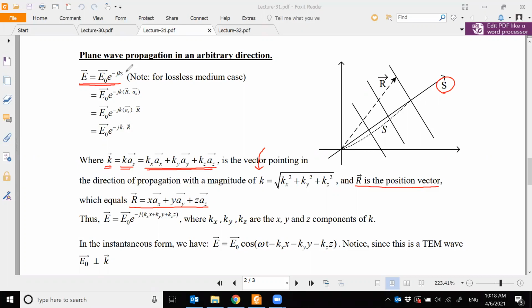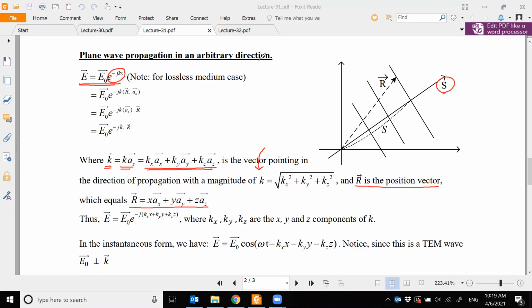I'm just considering this part. Now, what is this k and s? Just give me a minute, I will explain everything to you.